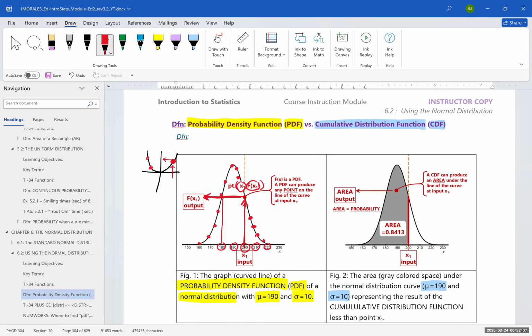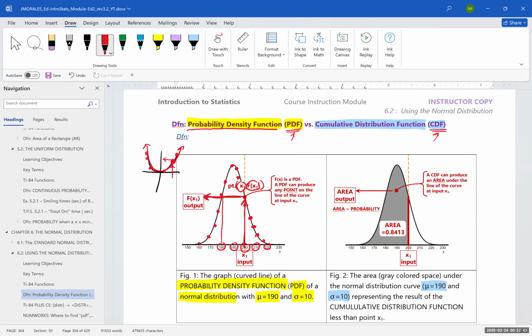So you could come up with a bunch of points, and that would tell you that this is a parabola that's going through each of those points. Same thing is going on here. We're not going to be using probability density functions, or PDFs, very much, if at all. What we're going to be mainly focused with is a CDF. And I'm trying to show you the difference between the two, because your calculator is going to have both. And so you want to know which one of the two you want to be using.